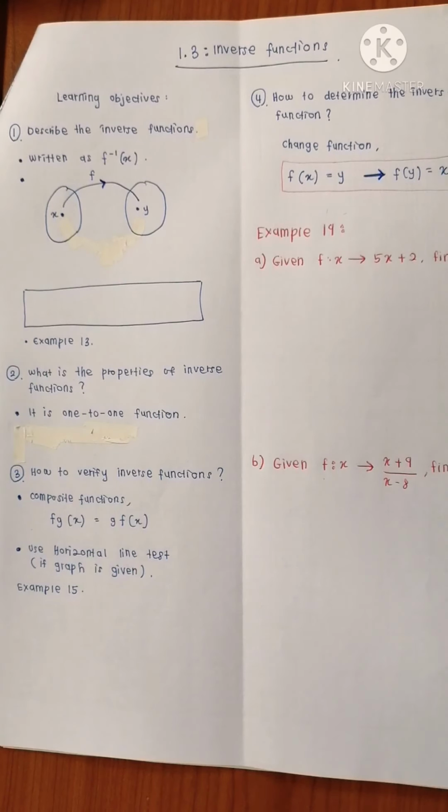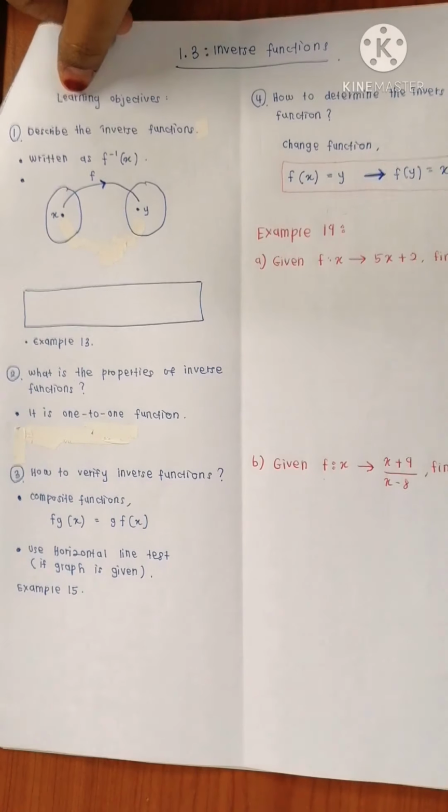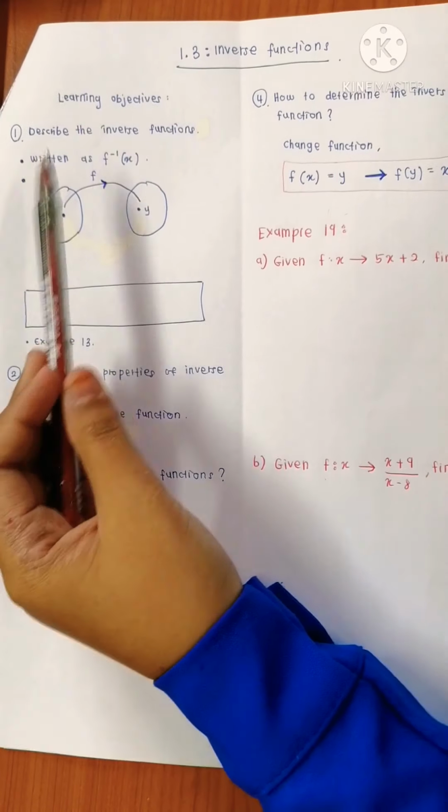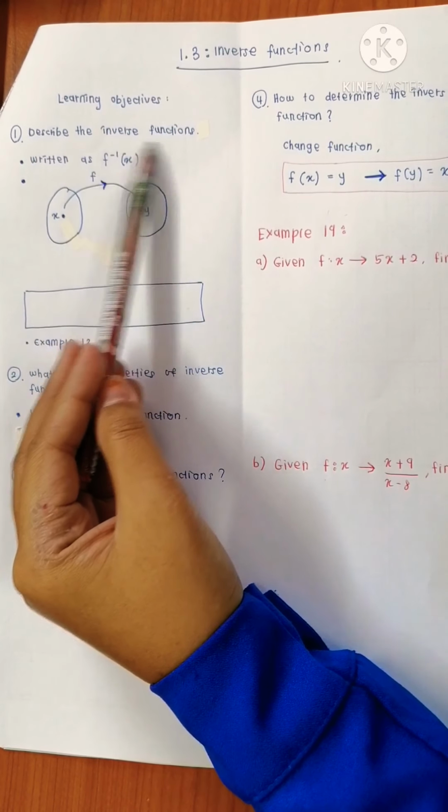For today's video, I will teach you our last subtopic, which is 1.3, inverse functions. Let's go through. For this subtopic, we only have four learning objectives. The first one is how to describe the inverse function.